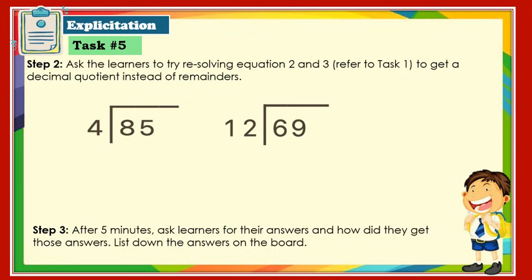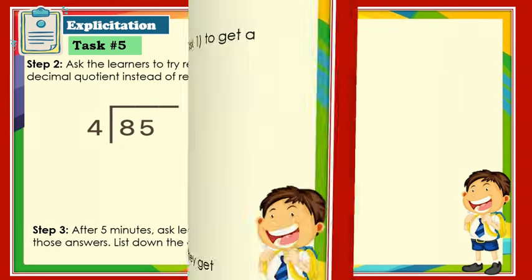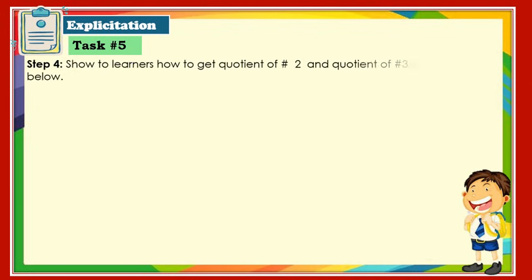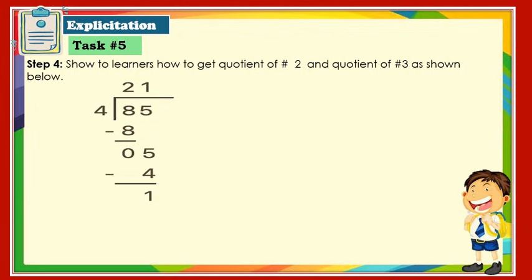For your task number 5, I'm going to show you the quotient of number 2 and quotient of number 3 as shown below. We'll just continue our solution by adding a decimal point and 0 in our dividend, and then copy the decimal point in the quotient.